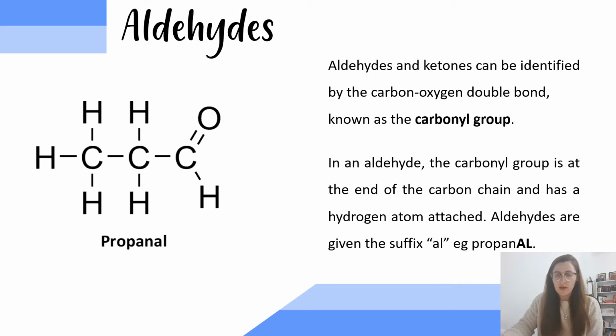So if we look at aldehydes and ketones a bit more closely, we find that aldehydes and ketones have the same functional group known as the carbonyl group, and that is this group that we see here.